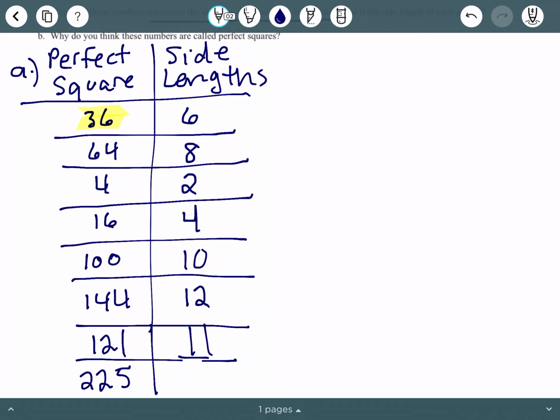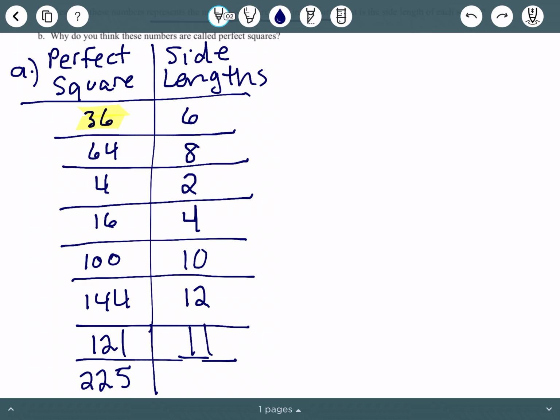I know it's 100, so it has to be a greater side length than 10. But it also has to be a smaller side length than 12 because it's only 121. So if you need that calculator to do 11 times 11, definitely do it. That's great if you want to use your brain, but check it with a calculator to be sure.